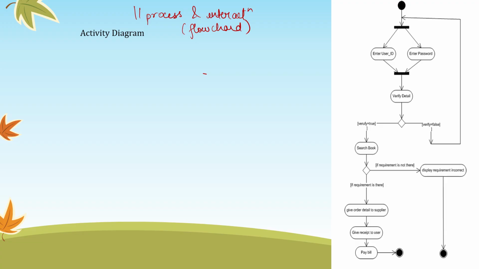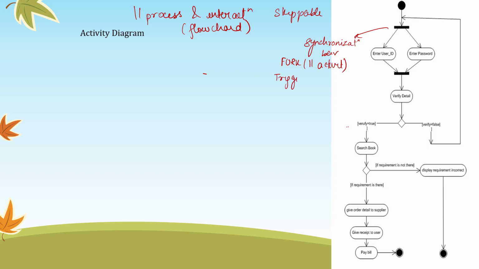Here we can show skippable activities also. Now synchronization bar, I'll write it. This is a very important concept, synchronization bar. First is fork. Fork is for parallel activity.